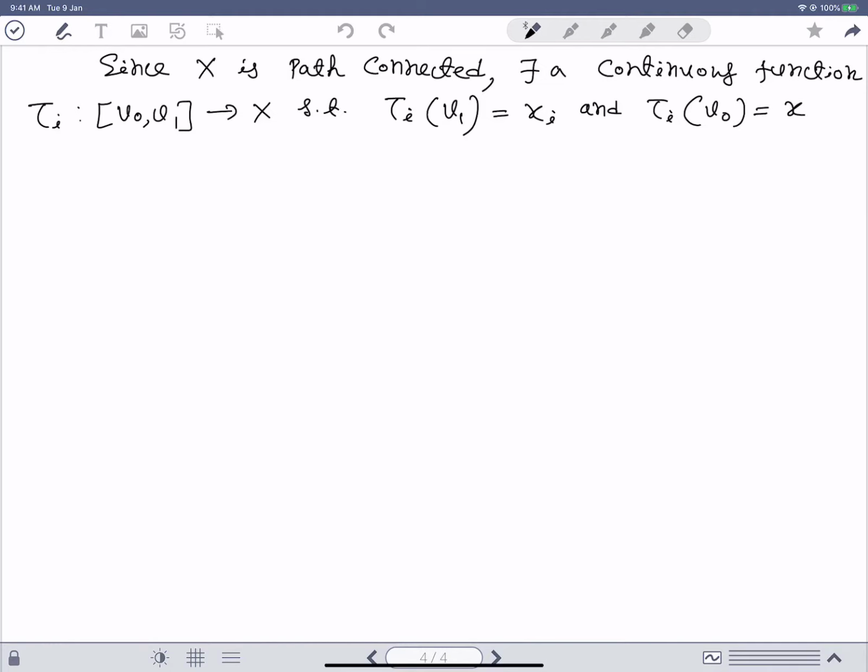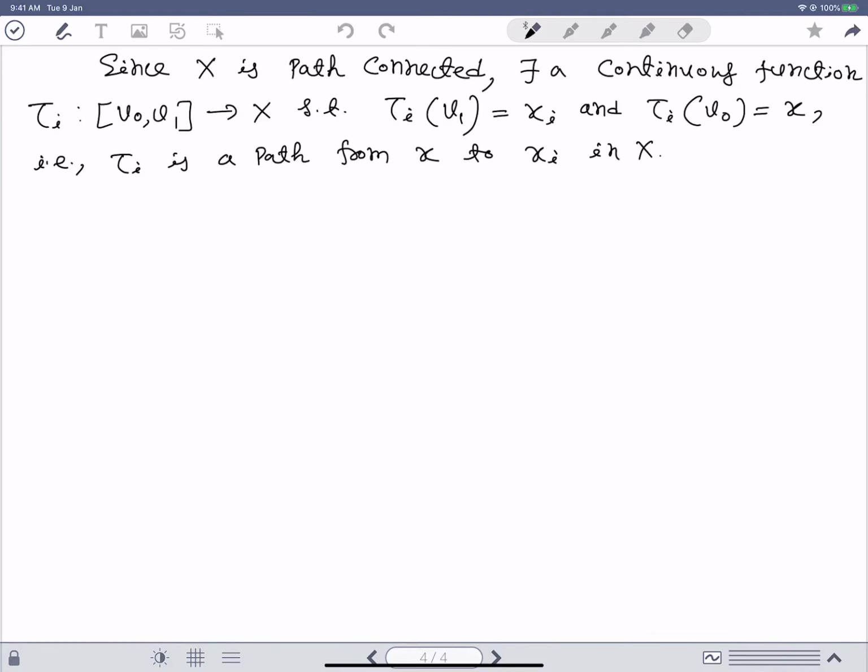Okay, so that's means since X is path connected, tau_i is just a path from x to x_i in X. So since X is path connected, we can find such a path, right?